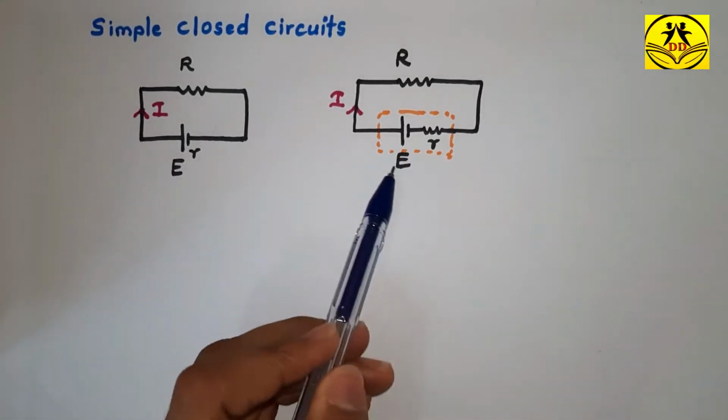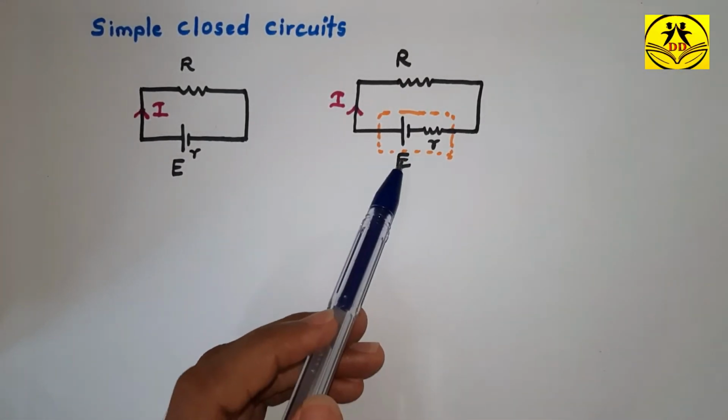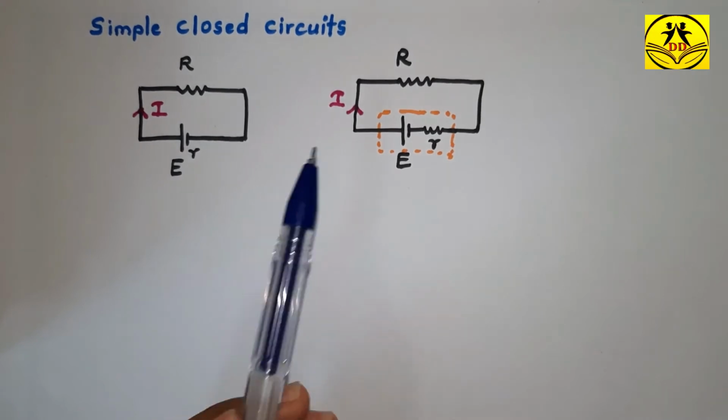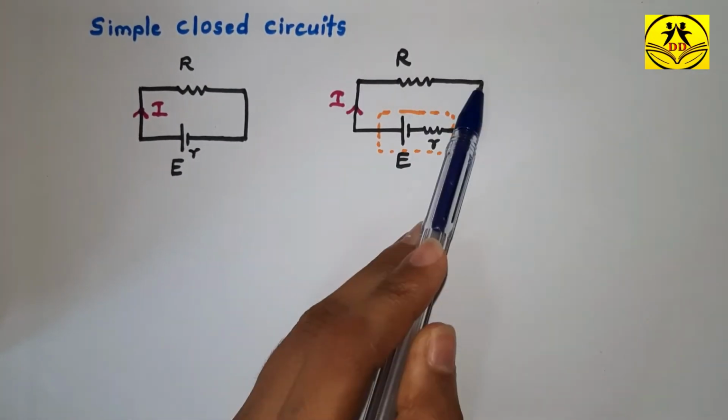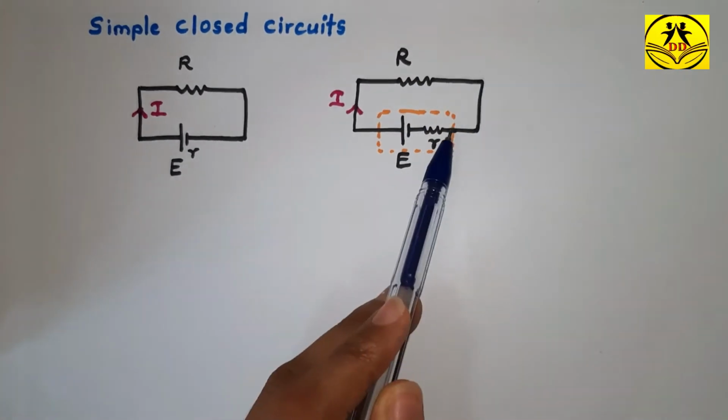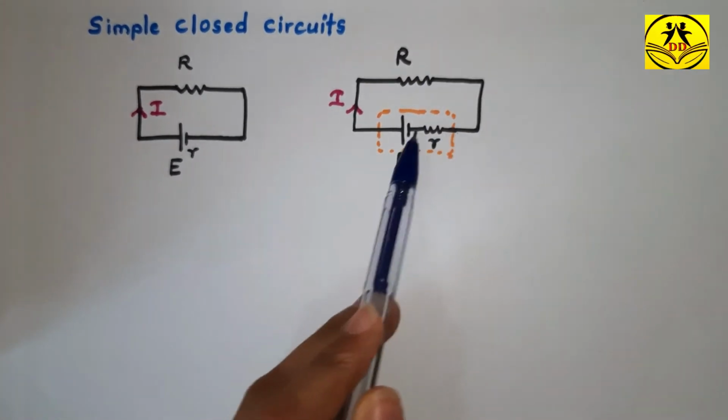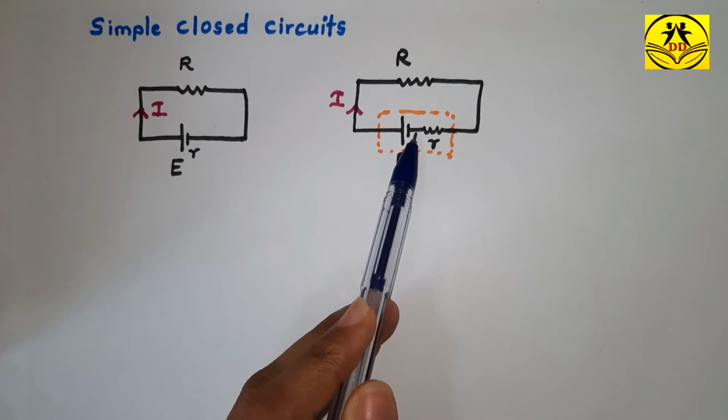Here the EMF supplied by the cell is used for two things: to generate a potential difference across the external resistor and also across the internal resistor.